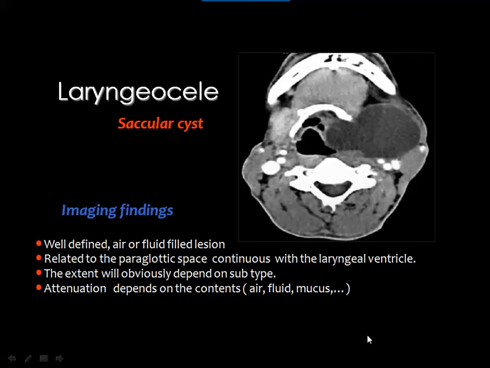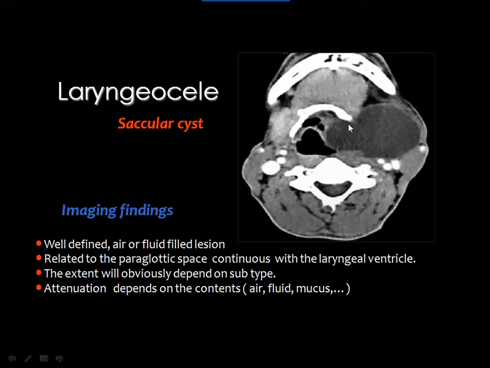Then the laryngocele can contain air or fluid, and whenever it is filled by fluid, it is sometimes called a saccular cyst. The attenuation of the content depends on the fluid nature and the presence of some mucus or proteinaceous fluids.